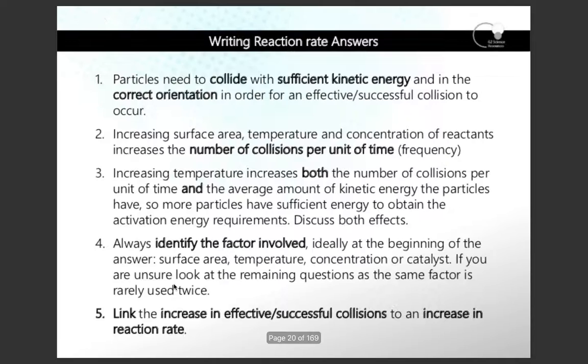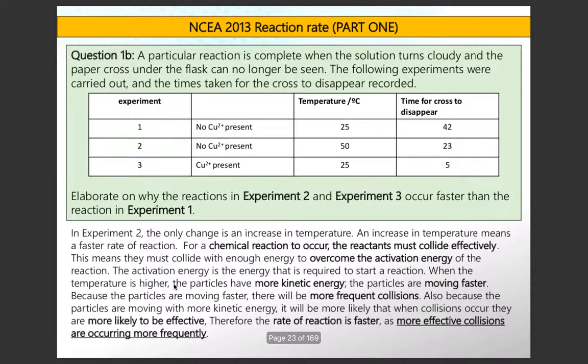All right, what do we do when we're answering these questions in an exam? A typical question, and I'm sure that you'll get something like this, is a table, and you have experiment 1, experiment 2, experiment 3. You've got some factors involved in them, like temperature, and you've got a rate of reaction.